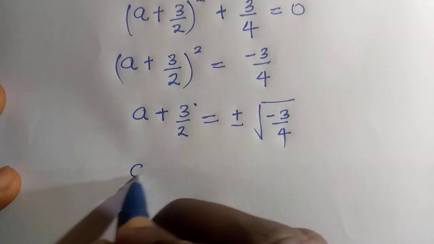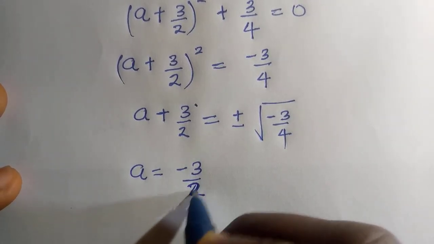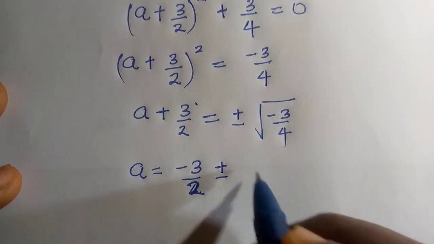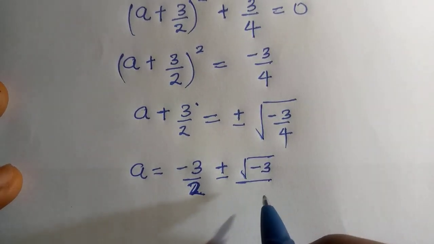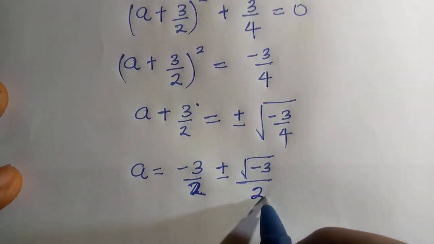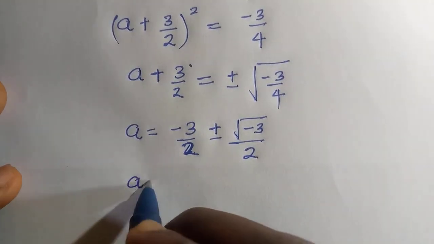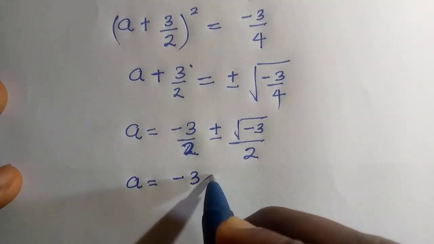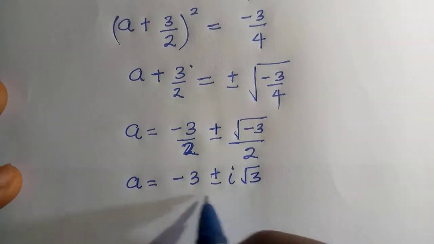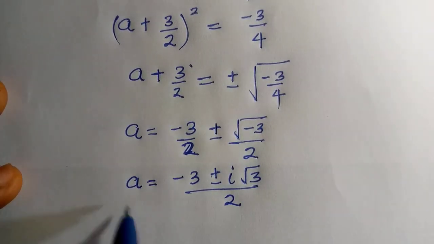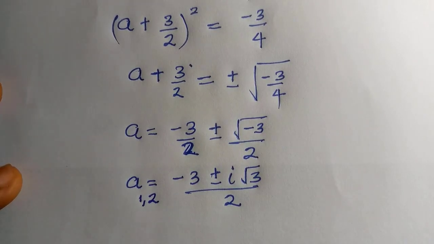So here we have a equals minus 3 over 2 plus or minus square root of minus 3 divided by square root of 4, which gives us 2. But square root of minus 3 is a complex root, and we have a equals (minus 3 plus or minus i root 3) divided by 2. So we consider this as a1 comma a2.